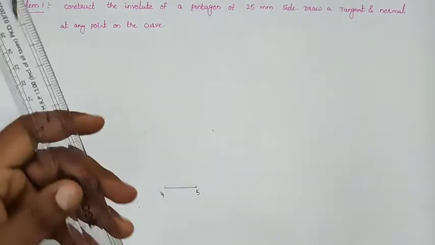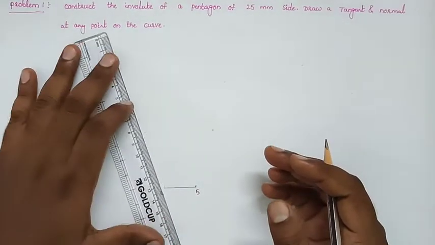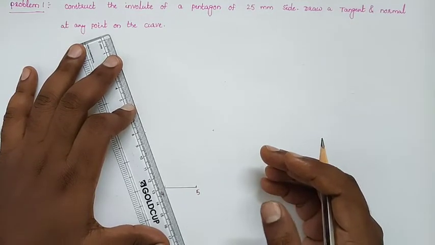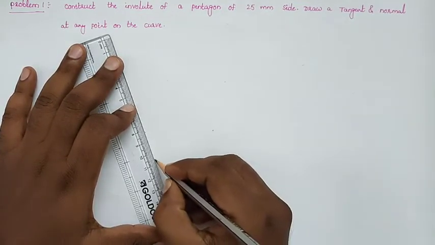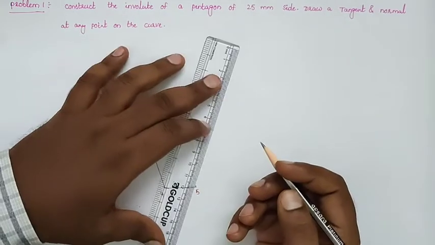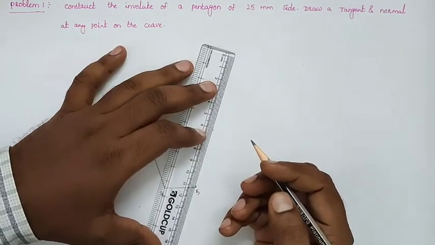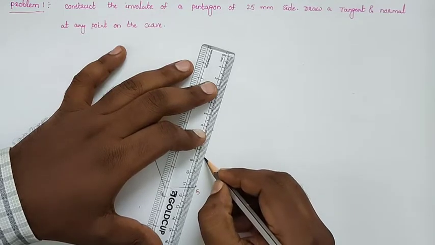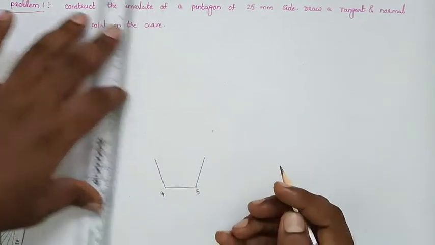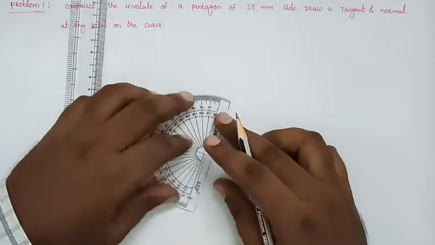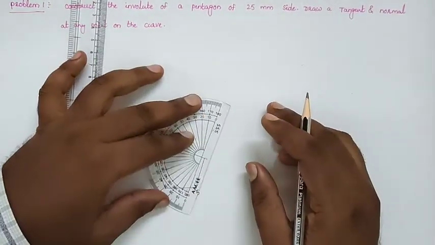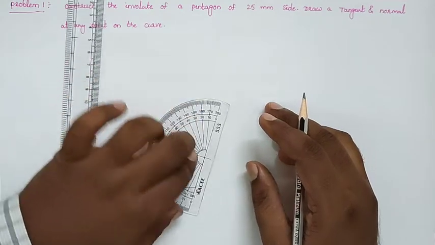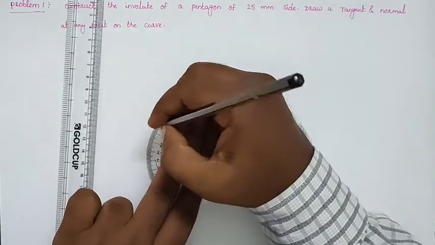We will draw the 25 mm side. Next, from all the corners we take the 72 degrees angle and construct the pentagon.